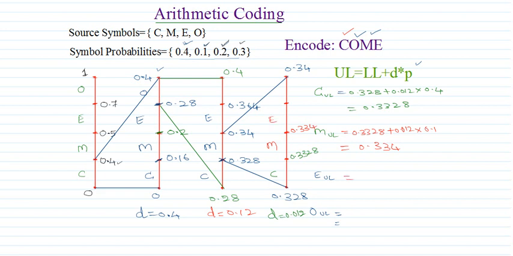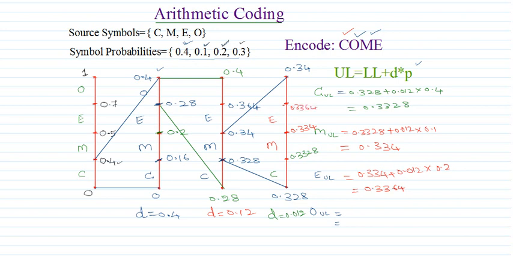For E, the lower limit is 0.334 plus 0.012 into 0.2. This will give me a value of 0.3364, and I can enter here 0.3364.